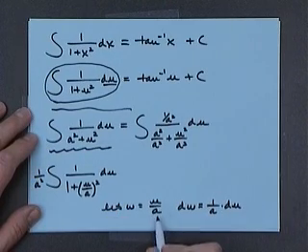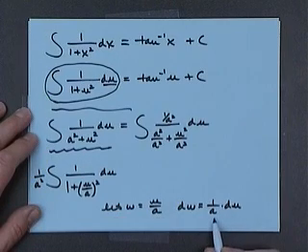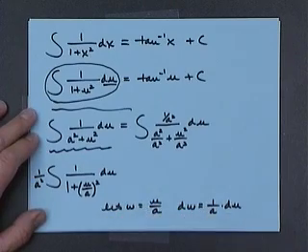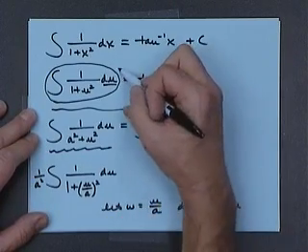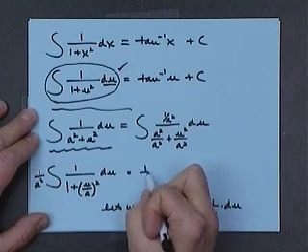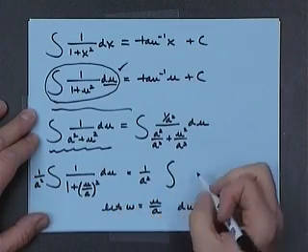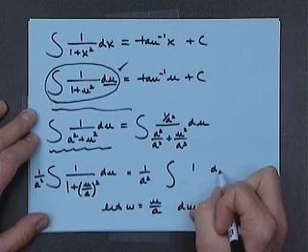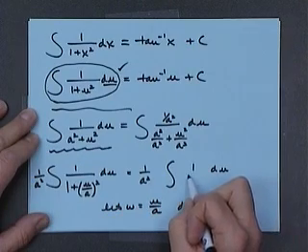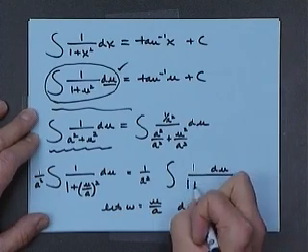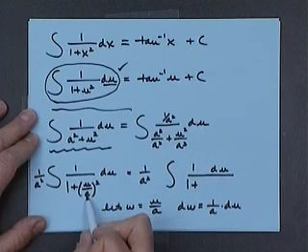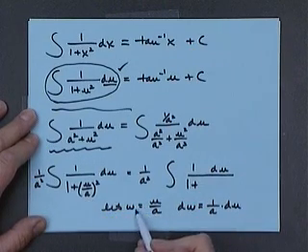So the derivative of x over 5 would be what? 1/5, right? So if I want to change this problem into this format, where I've got u over a, the quantity squared, that's going to become what? w squared.